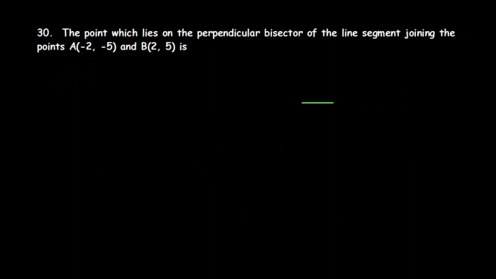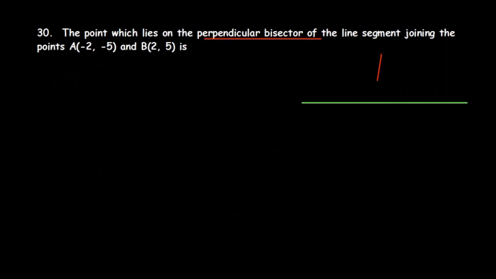The point which lies on the perpendicular bisector of the line segment joining the points A minus 2 comma minus 5, B 2 comma 5. So we should draw a line to understand this one. And the perpendicular bisector, okay.